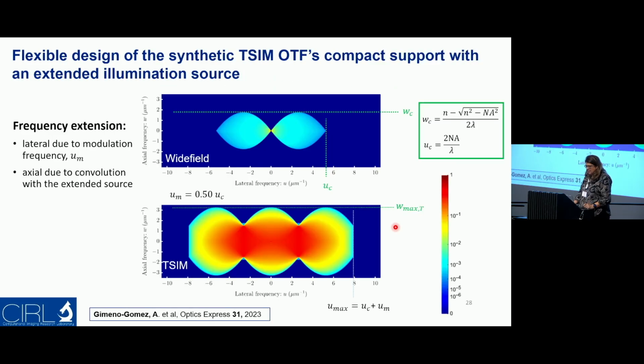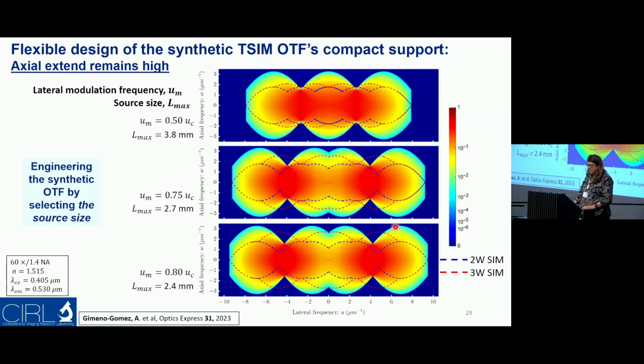So again, here you can engineer the optical transfer function by choosing the size of the extended source that you're using, and by tuning the modulation frequency, so you can see the footprints of our OTFs.